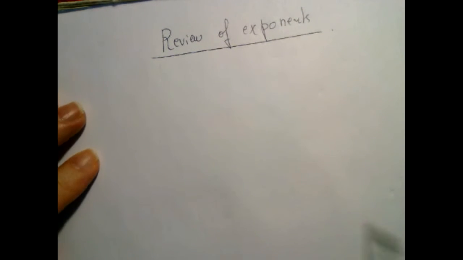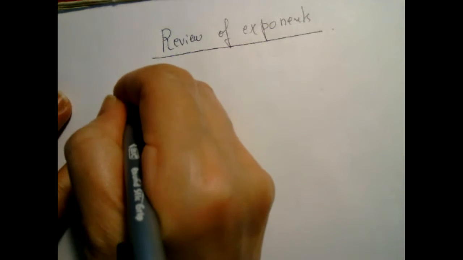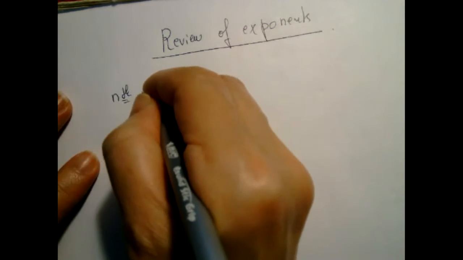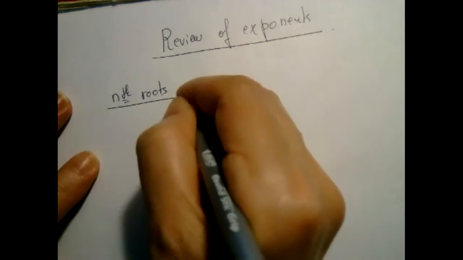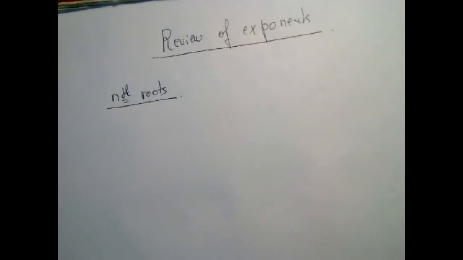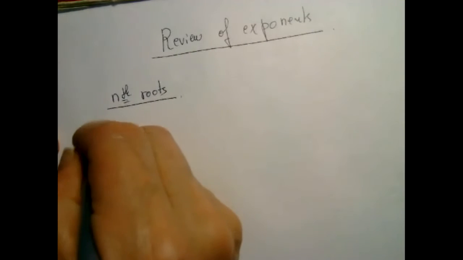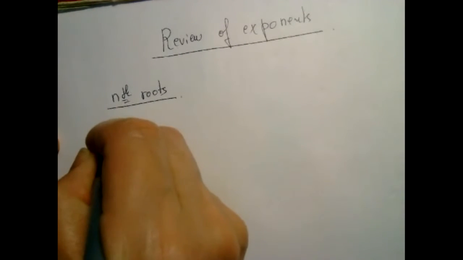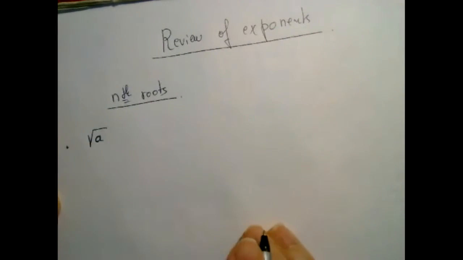Before I do the review of exponents, just for my own peace of mind, I want to remind you a little bit of the nth root. I know a lot of you know it, but I have to remind you a little bit. What's the idea of the nth root? So first of all, what's the square root of a? The definition.